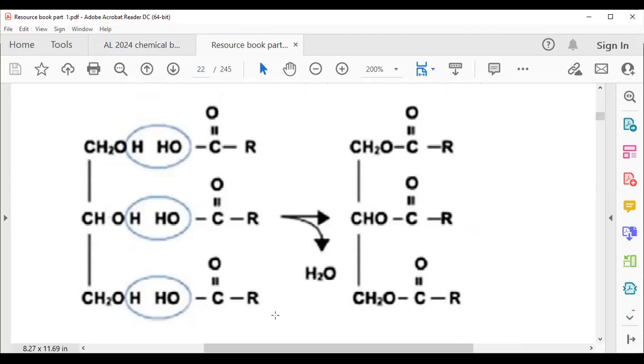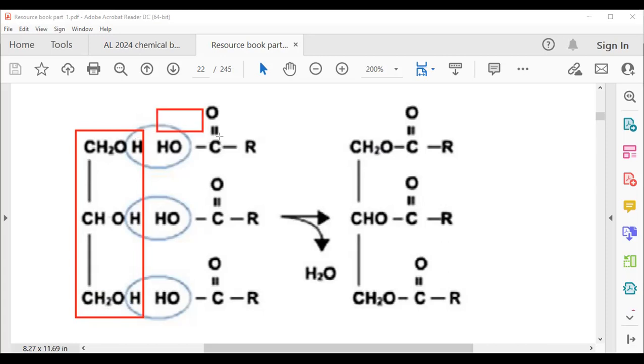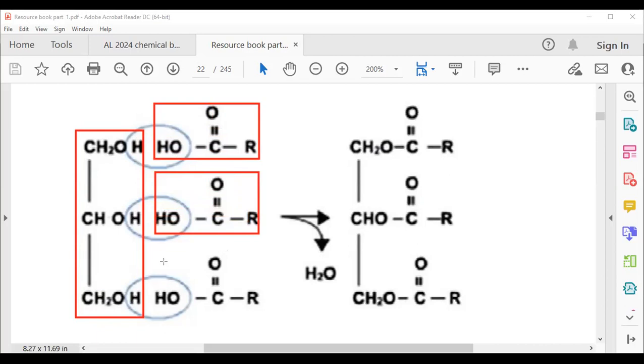Here on the left hand side, what is given to you is the glycerol molecule. On the right hand side, how many fatty acid molecules?